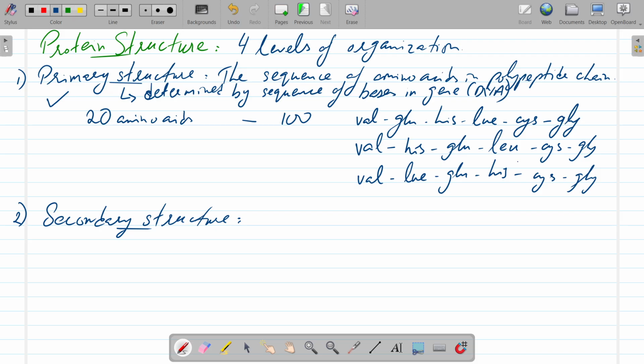Okay. The secondary structure in a protein is the coiling or the arrangement of the polypeptide chain into a regular pattern, into a regular shape. So your polypeptide chain is formed over here by the sequence, so you have a polypeptide chain at step 1.